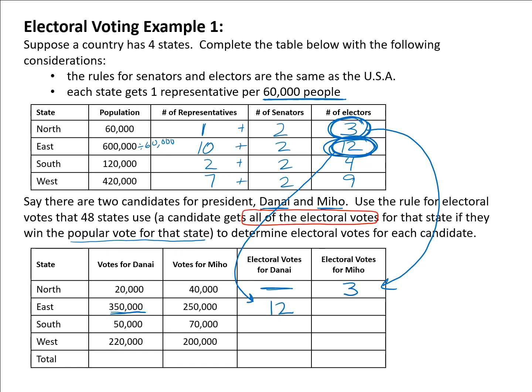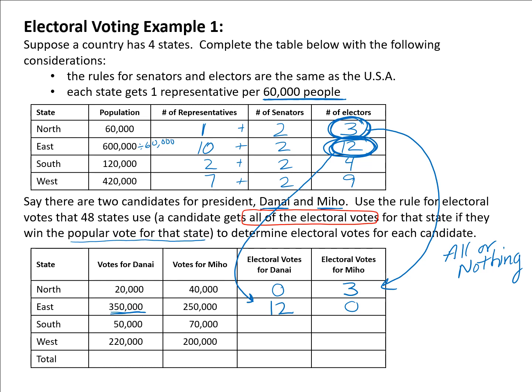So Miho gets none. And so I'm putting a dash there, but I could also put a 0. The dash is kind of representing they get none, but we could also just put zeros in there. So technically, it's all or nothing when it comes to assigning the electoral votes for each individual state.